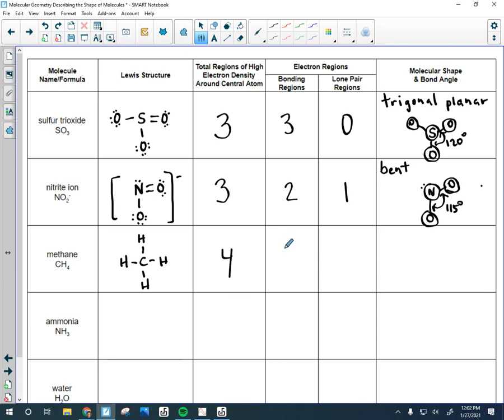They're all bonds: electron pair, electron pair, electron pair, electron pair. 4 bonding regions, 0 lone pairs around the carbon. And the shape on this one's pretty interesting. So it's going to take a little bit of doing to build this from our models.